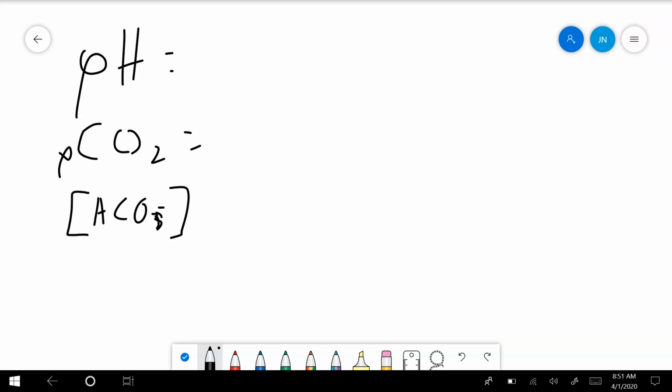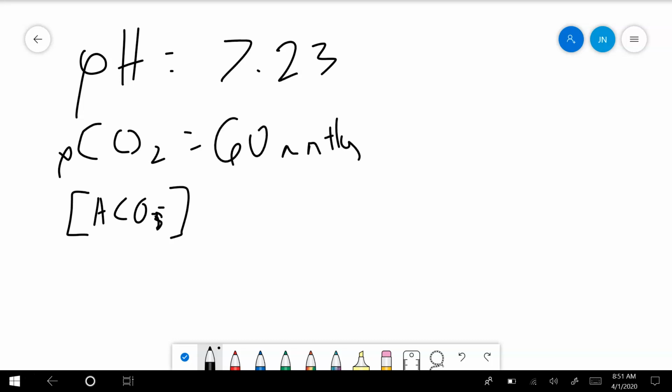We'll start with the partial pressure of carbon dioxide. We'll say 60 millimeters of mercury. Bicarbonate, we'll make 20.